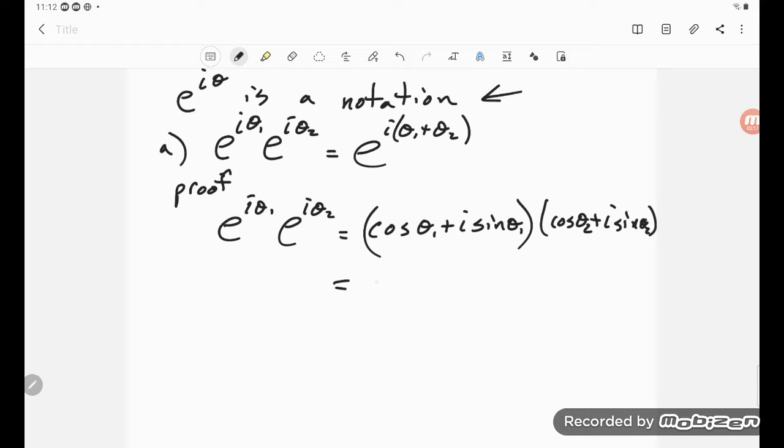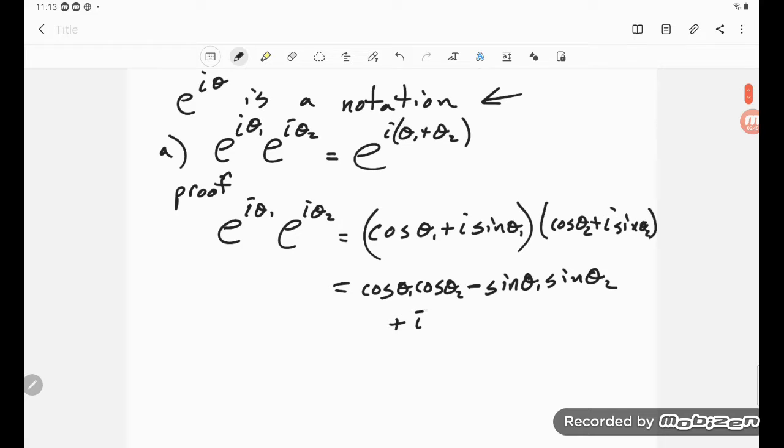And so when I multiply these together, I get cosine theta 1 cosine theta 2, minus, because i times i is -1, sine theta 1 sine theta 2, and then plus i, and I have a sine theta 1 cosine theta 2 plus a sine theta 2 cosine theta 1, like that.